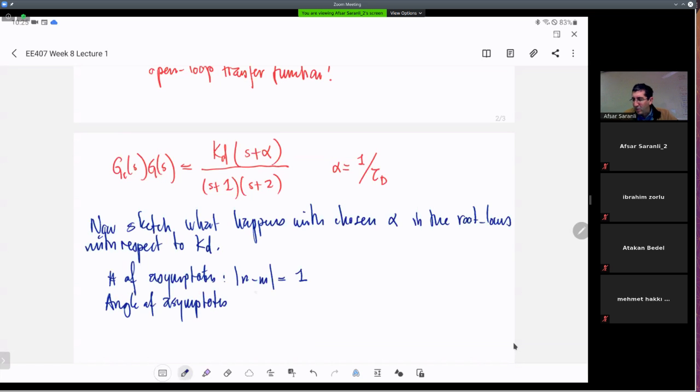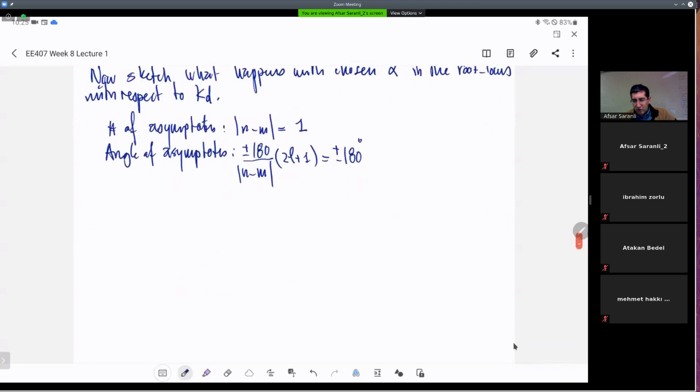Because I have now one asymptote, remember the formula, plus minus 180 degrees over n minus m, 2l plus 1, odd number of angles. In this case, n minus m absolute value is 1, therefore I have plus minus 180 degrees, which corresponds to the single asymptote. It's the negative real axis.